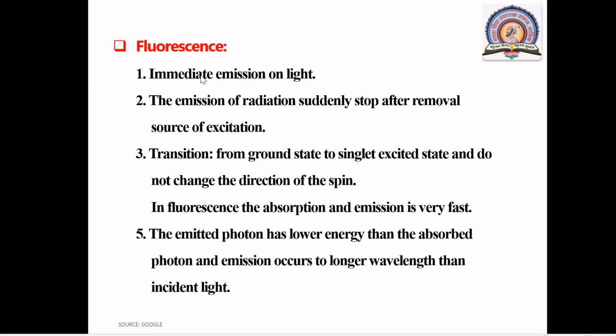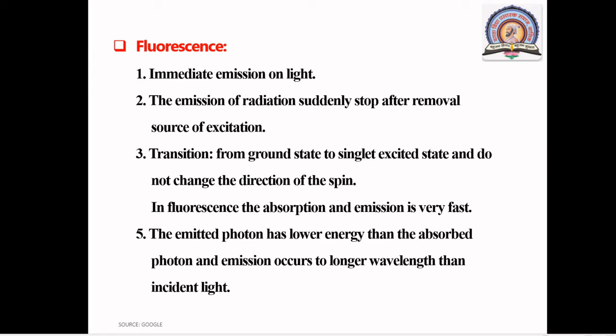Okay, I again repeat: the process in which absorption of energy is followed by immediate emission of light is nothing but fluorescence. The emission of radiation suddenly stops after removal of the source of excitation. Third, the absorption occurs in a short time interval and involves the transition from the ground state to the singlet excited state, and it does not change the direction of the spin.